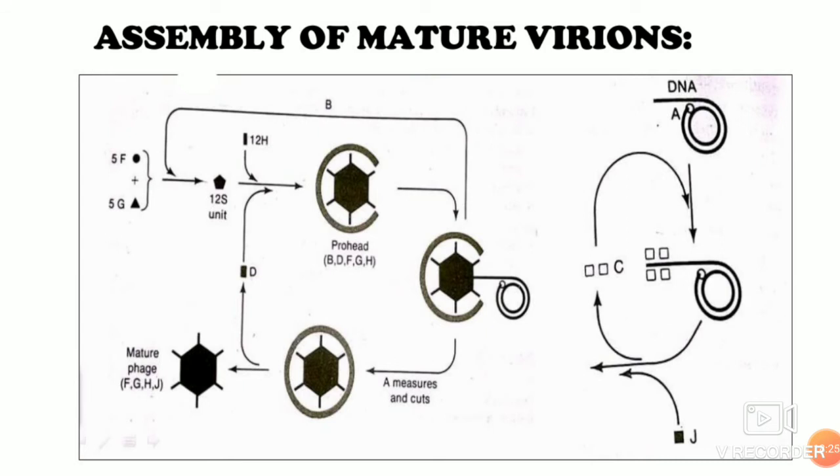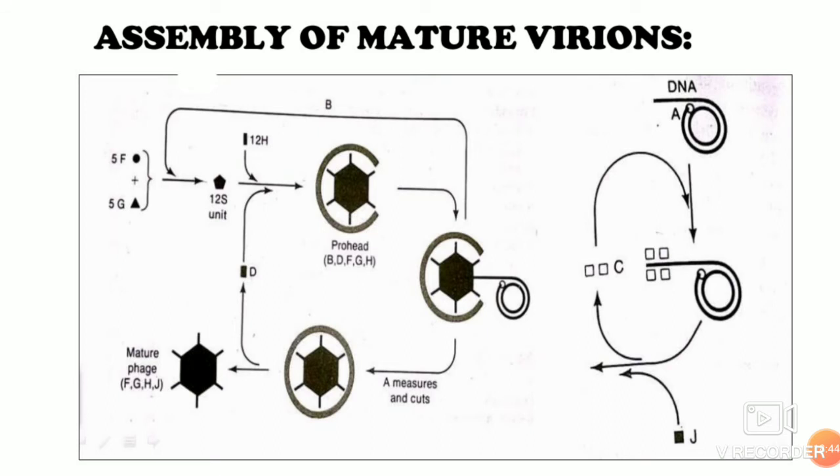Parallelly, the replicative form also initiates transcription. Once enough of the proteins are synthesized, more replicative forms are produced, and enough genomic DNA is synthesized, there is assembly of the coat protein.